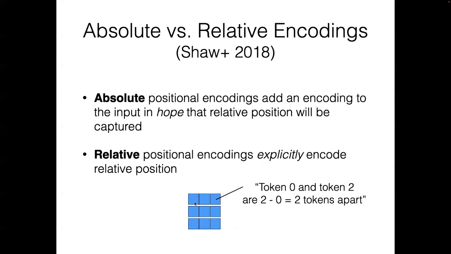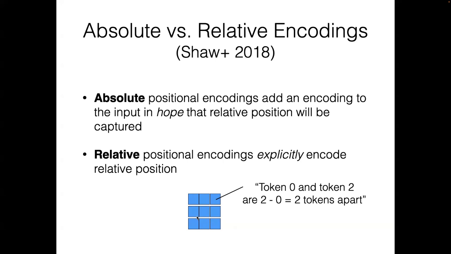Here, you have some embedding, or at least some number, for each pair. Before you do attention, you would have token 0, token 1 and token 2. This embedding is basically saying these two tokens are two tokens apart. What you do is you learn each one of these, and now you have some embedding for the relative positions as you're performing attention.